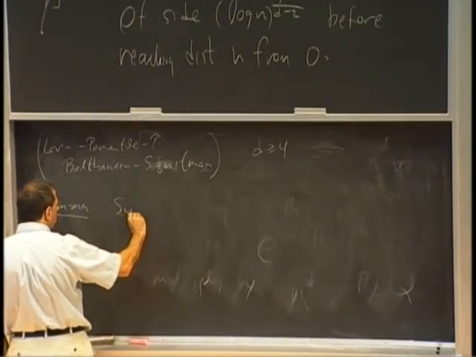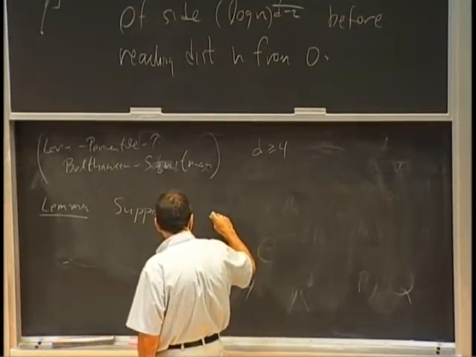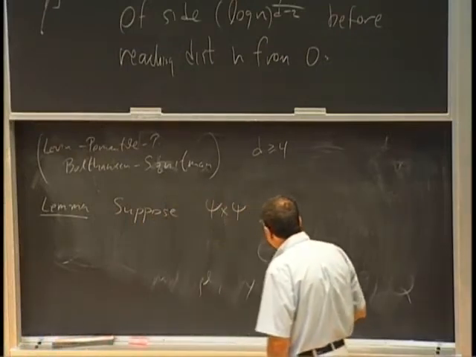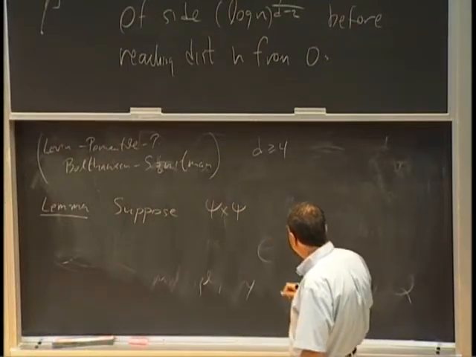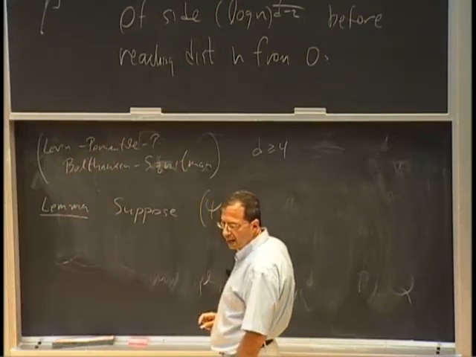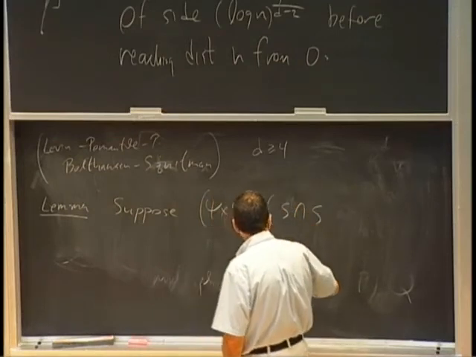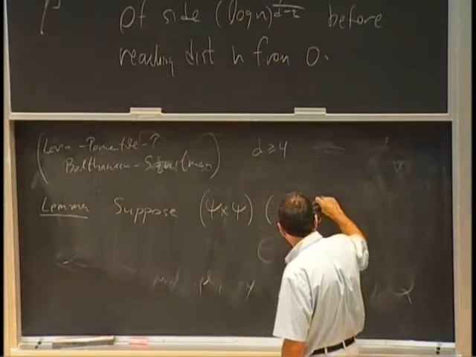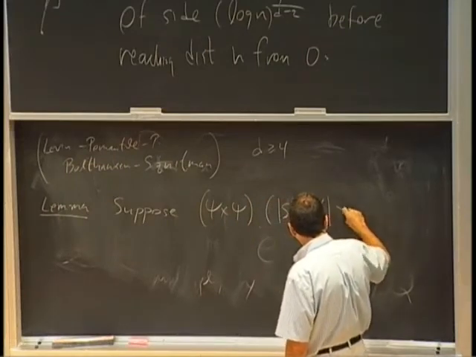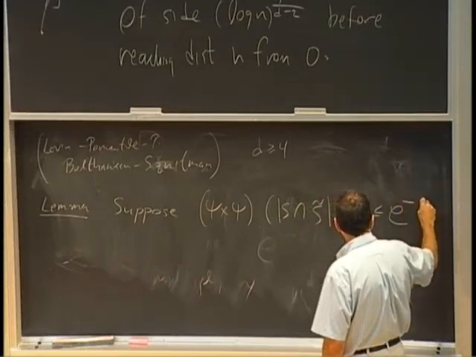Suppose that the probability that, when we take 2 independent copies of the path, the intersection of a path S with another path S tilde is bigger than K, suppose that this probability is less than some e to the minus ck.